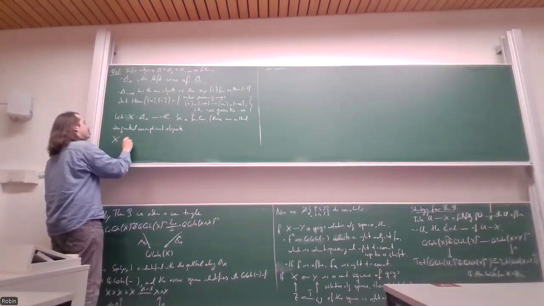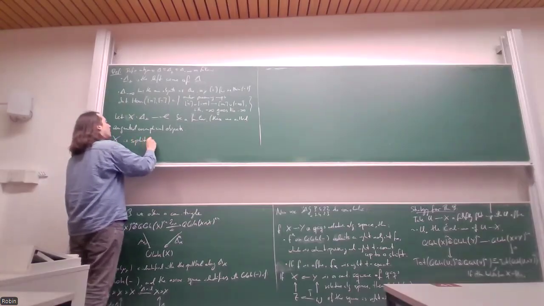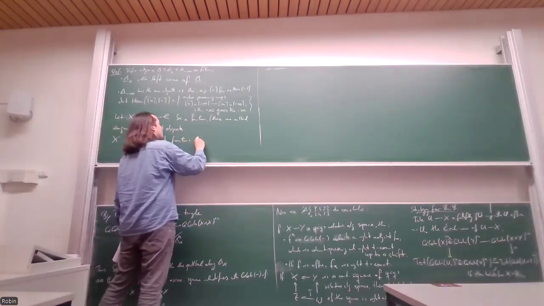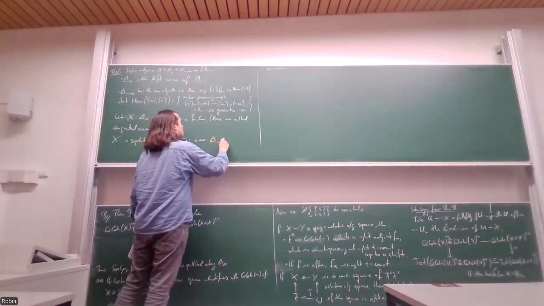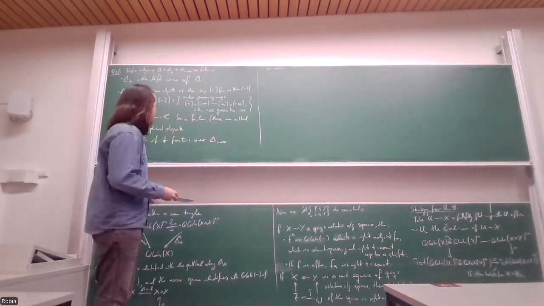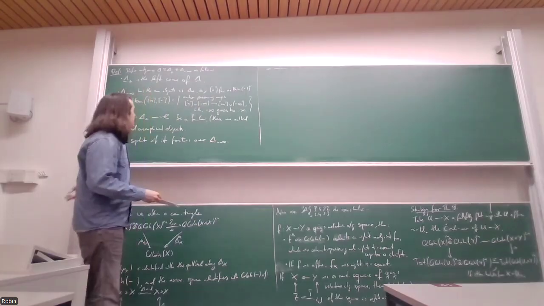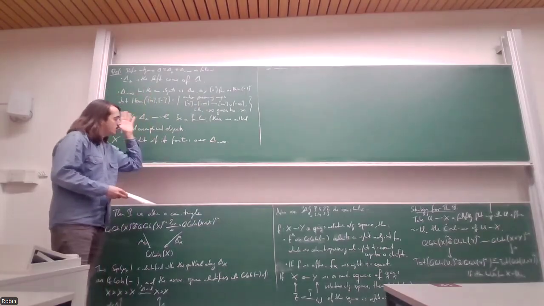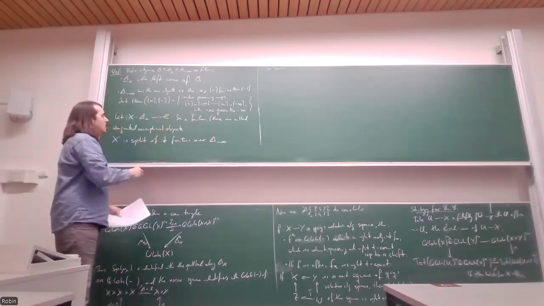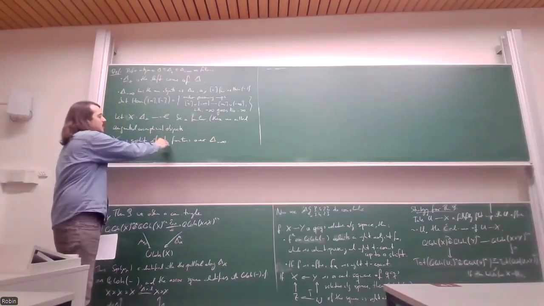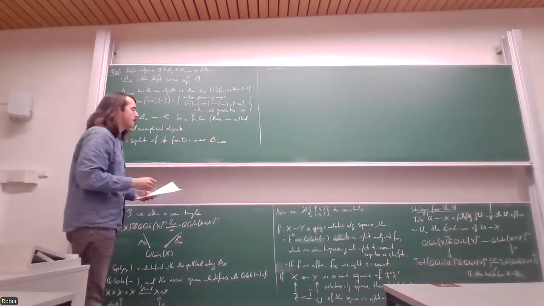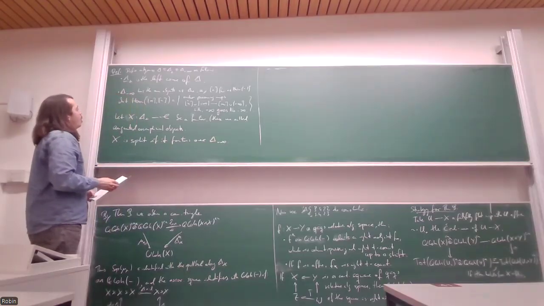X is split if it factors over delta minus infinity. And so again, if you cut all of these things off at stage 1, then you get exactly forks and split equalizers. Yes.